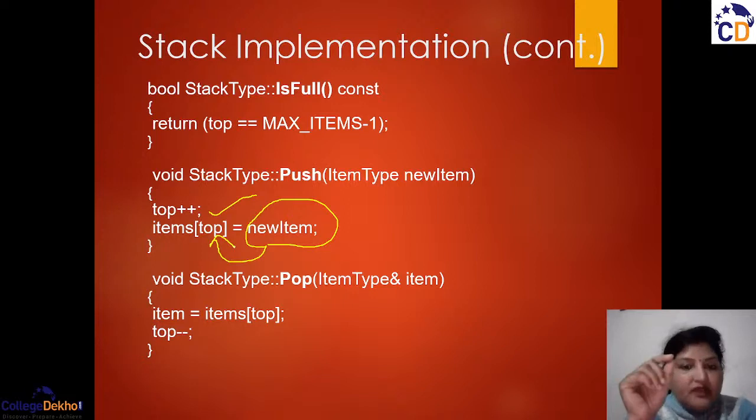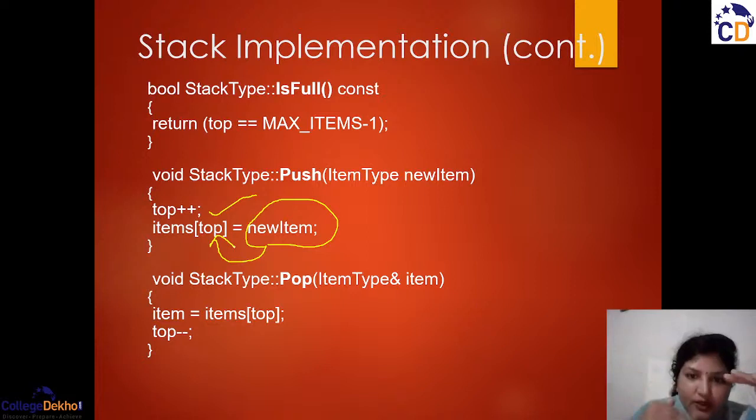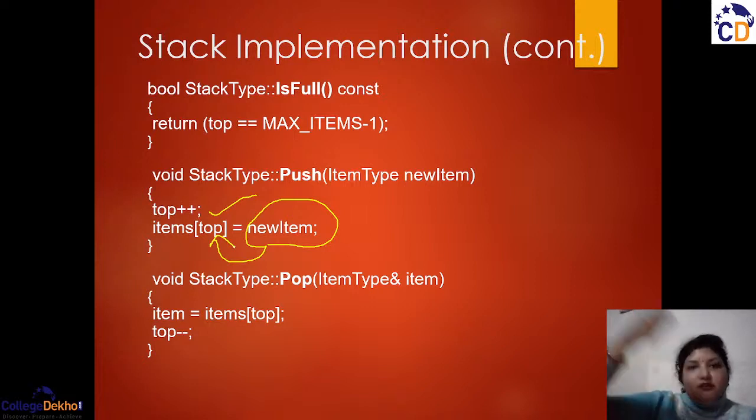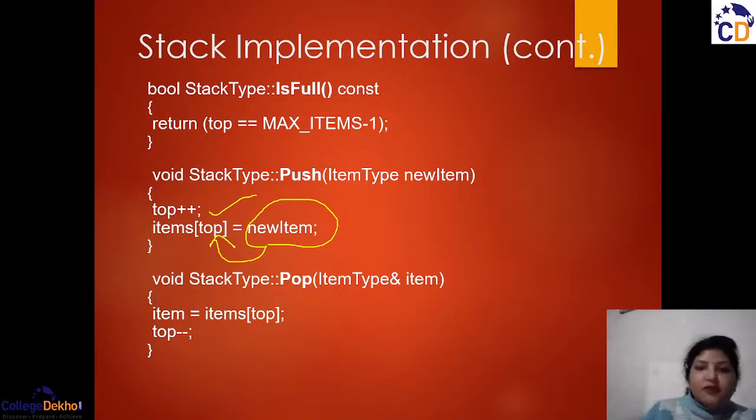Now the same thing is with pop also. When you are pushing or adding anything, obviously you are increasing the pointer. When you are deleting anything, obviously you are decreasing the pointer. The same rule is followed. Like if you are taking a shirt out of a stack, the number of shirts is decreased, because you have popped one item from that stack.